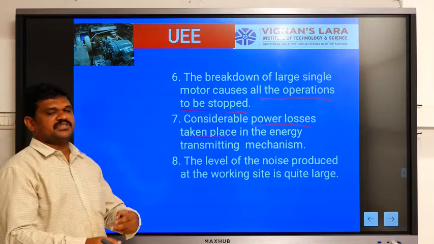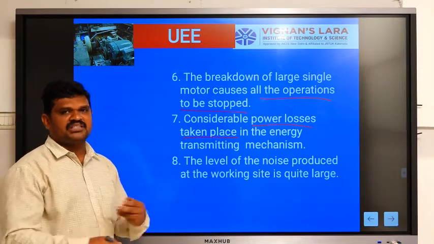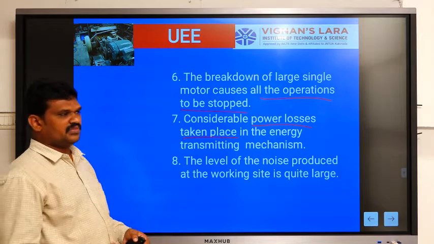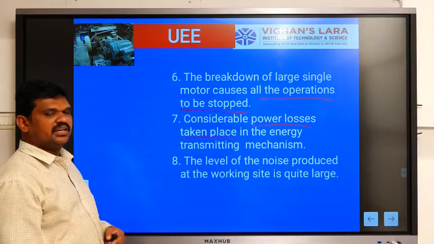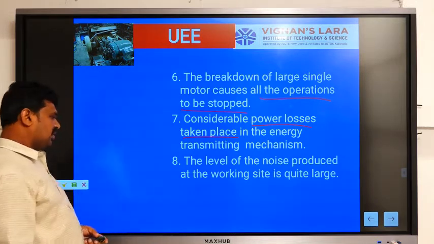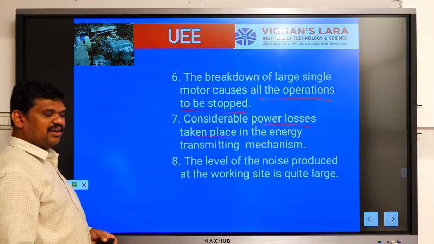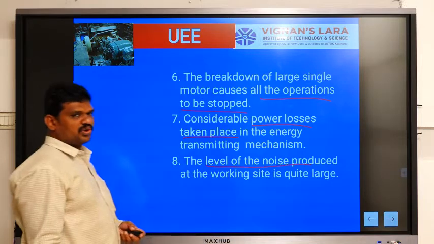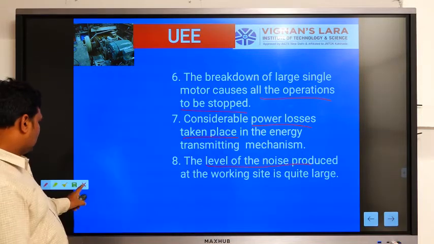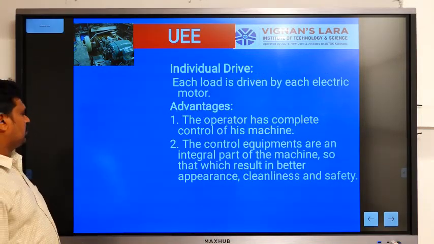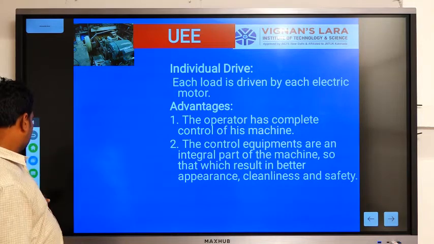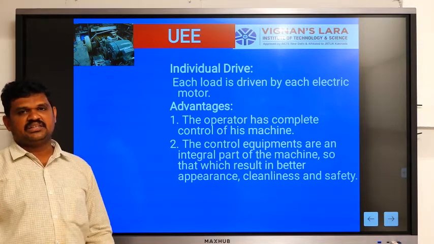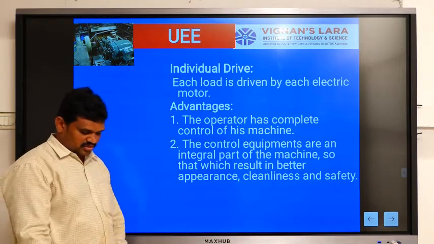By using transmission, we are using many pulleys and belts, so the losses will increase. That is another disadvantage. Another one is that the level of noise production is also very high. It produces more noise. These are the advantages and disadvantages of group drive.